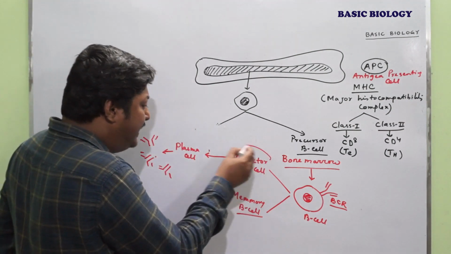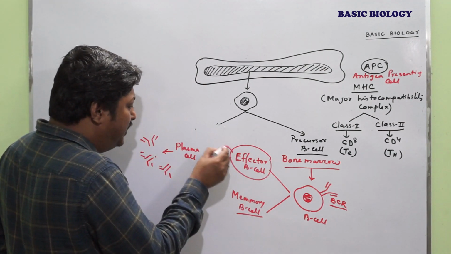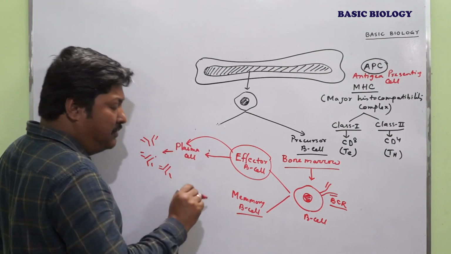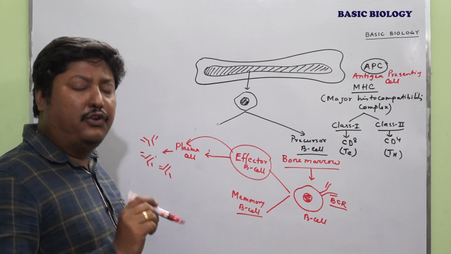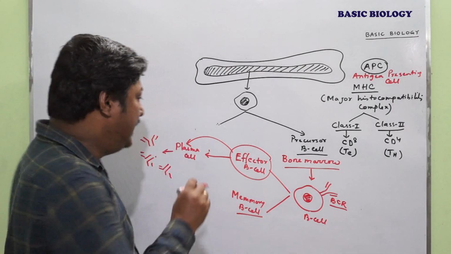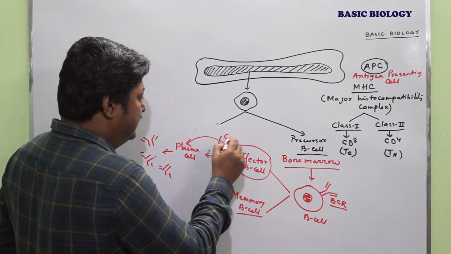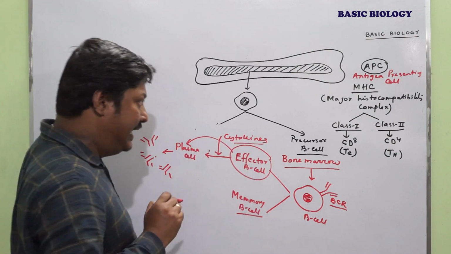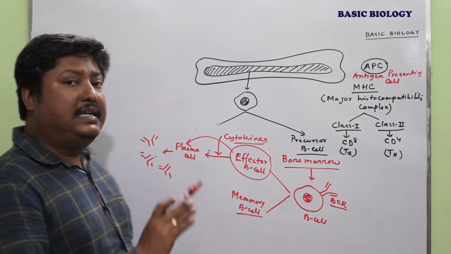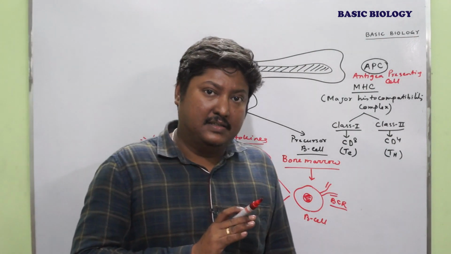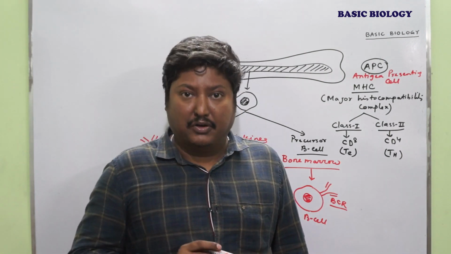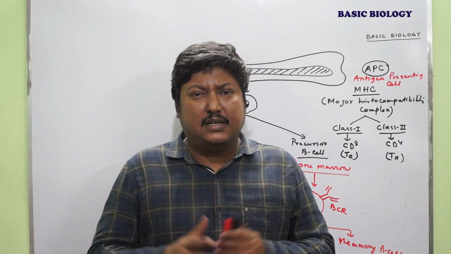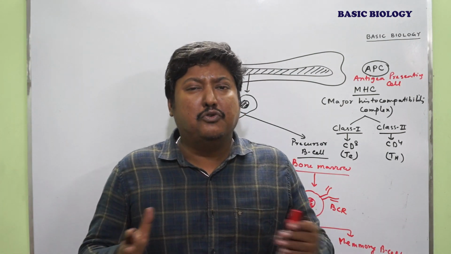The effector B cell is converted to plasma cell when the cytokines secreted from the T helper cells activate the effector cells. So that's why we can say AMI is dependent on CMI, but CMI is not dependent on antibody. So this is the basic concept of the immune system.